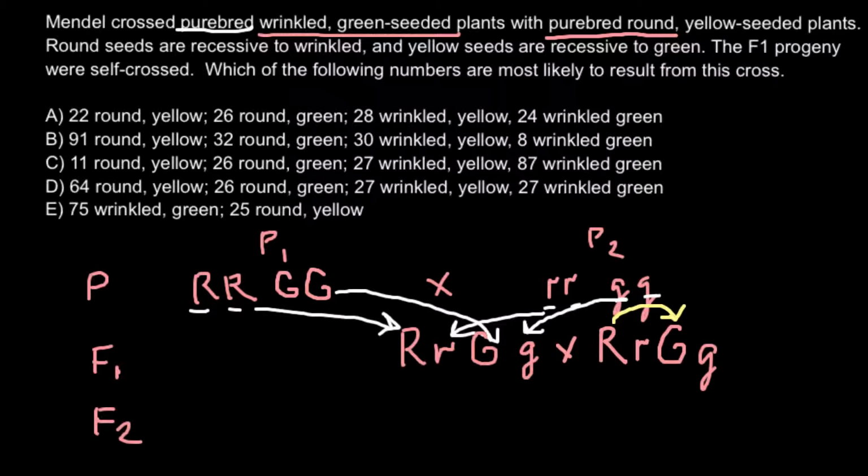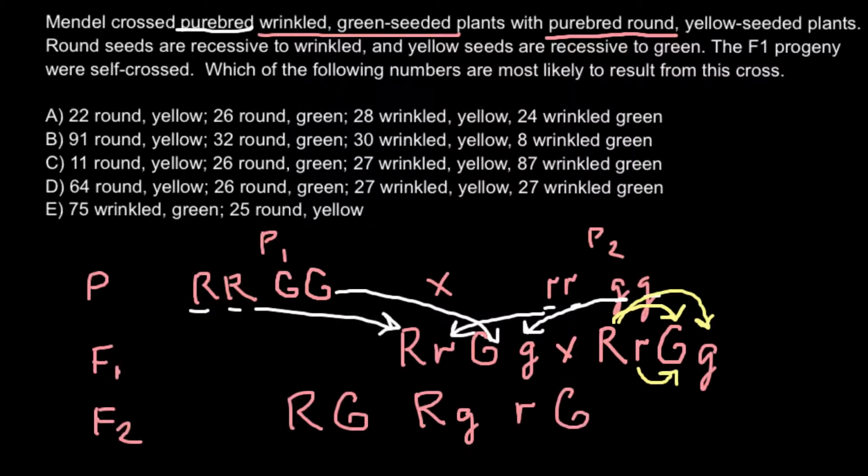So let's list this genotype, that is capital R and capital G. The second variant of the gametes would be capital R and small g. The third variant would be small r and capital G. And the last variant would be small r and small g.